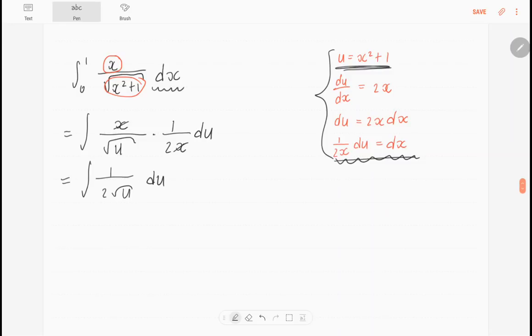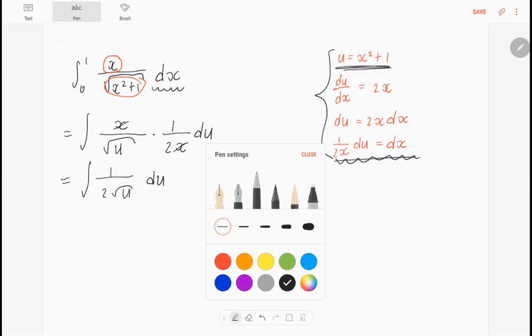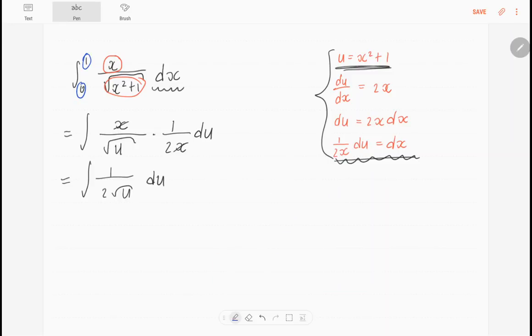And just remember, you have to change your bounds as well, because your bounds were for x, but now we are working with u. So if x was 0, then that means if we use this, that u is going to be 1. And if x is 1, that means u is going to be 2.